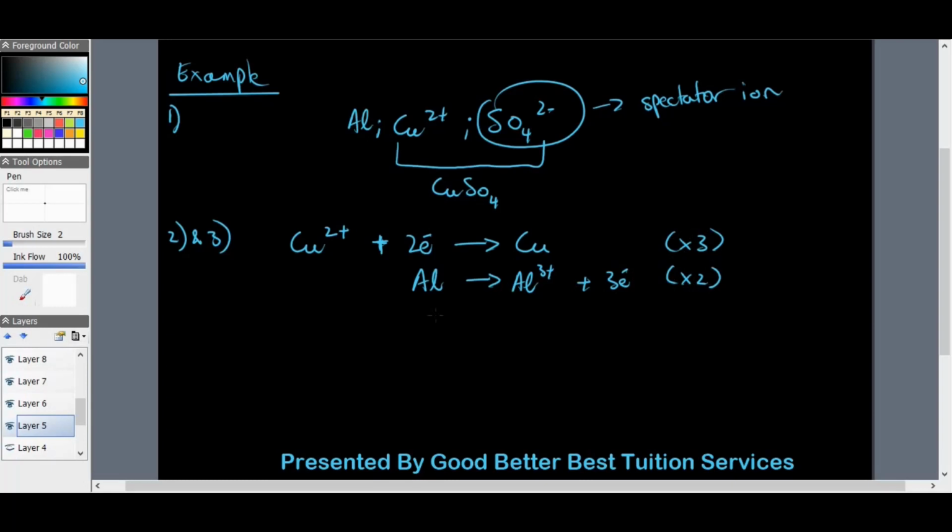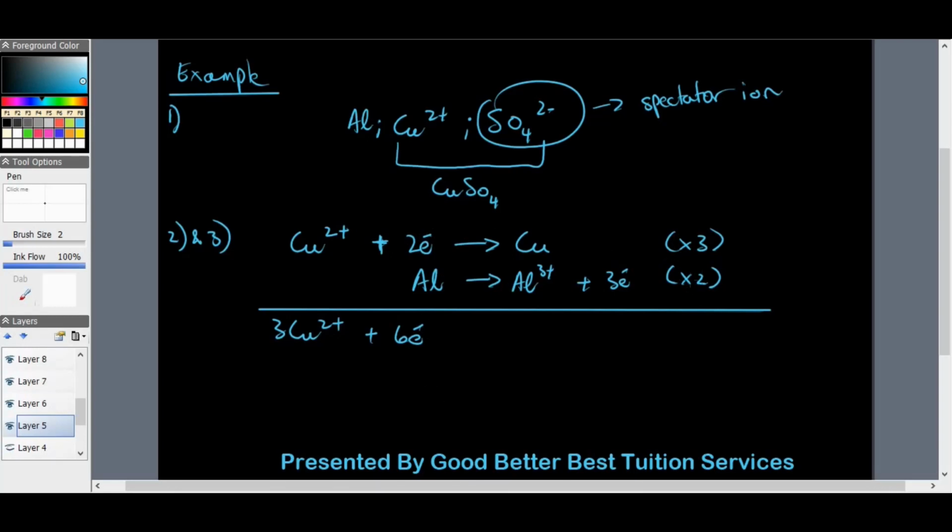Okay, so what I'm actually going to end up with, if I write the net reaction or the net ionic equation underneath here, if I times everything by 3, I'm going to get 3Cu2+ plus 6 electrons. Okay, that's for the top half, and that's for everything on the left hand side.